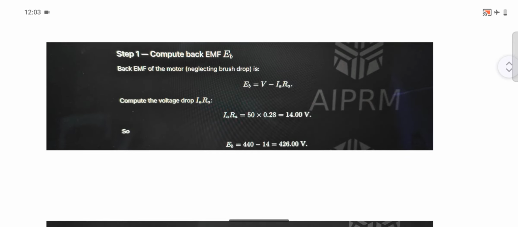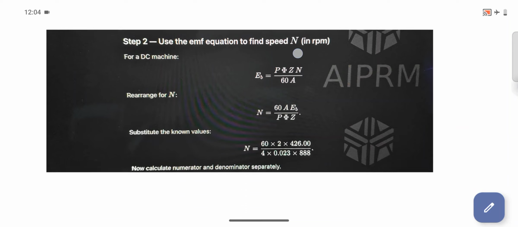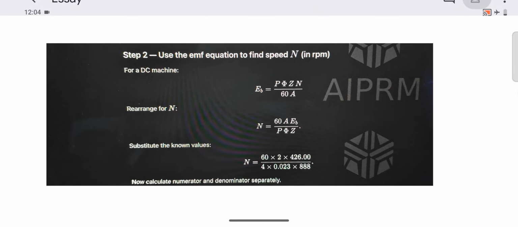Now first we will calculate the EMF. We have to calculate the speed, and for a DC machine the formula for speed is correlated with the EMF equation.